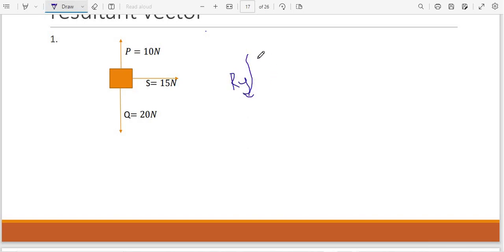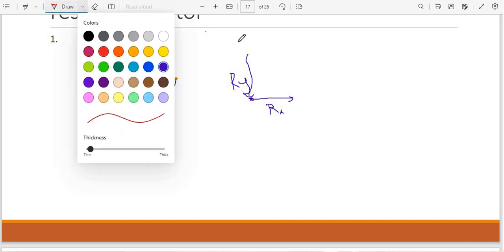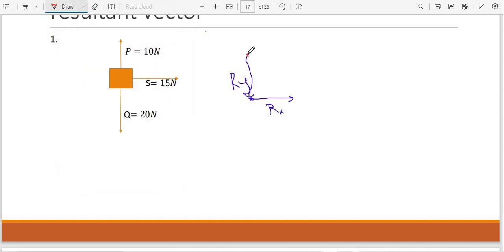If you try to find the resultant along the x, because there's only one force along the x direction, you'll find that rx will be towards the right. So that will be your rx. And remember that the resultant of the two will be a vector from the tail of the vector that I drew first, which is ry, all the way to the head of rx.